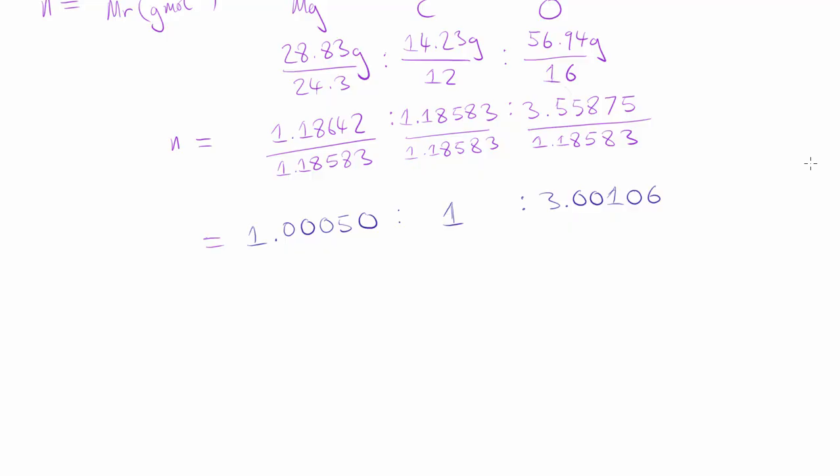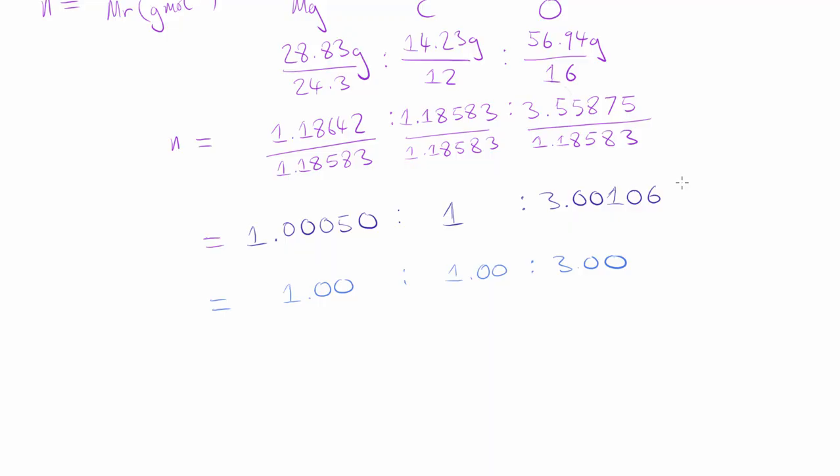So if we do the rounding now, we get 1.00, which is of course 1, but I'll add the decimals just for the sake of it, and then 3.00. Because they were so incredibly close to whole numbers, mainly the magnesium and the oxygen ones, as soon as they were rounded, we've got whole numbers for all of them.